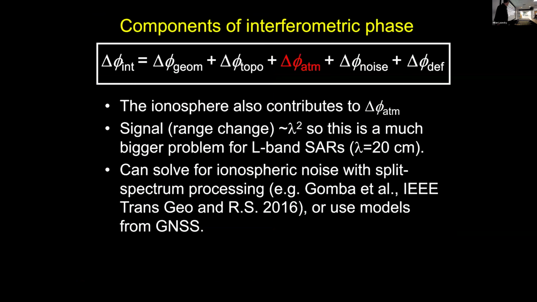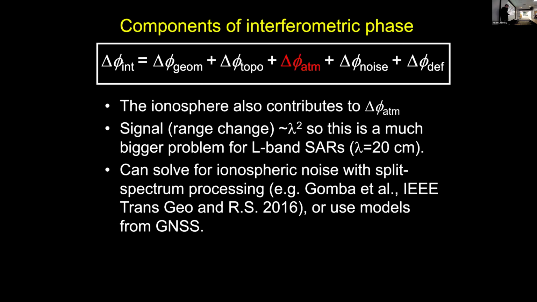You can solve for that. There's an approach called split spectrum processing. Because it's frequency dependent, you can degrade the spatial resolution and split your interferogram into 2 interferograms with effectively different wavelengths, and look at the differences to correct for the ionosphere.